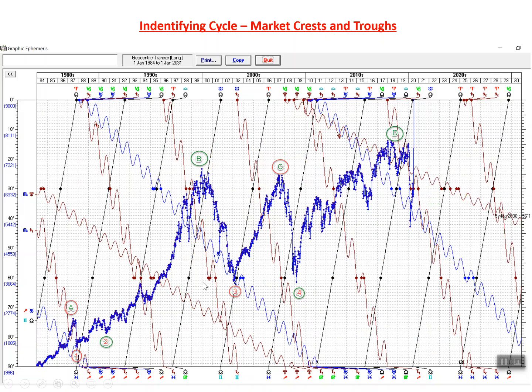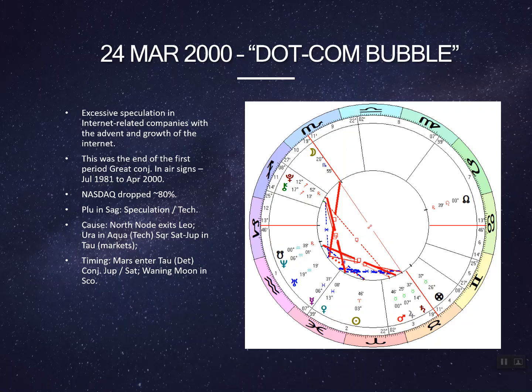Moving on to the next recession, the dot-com bubble of 2000. This was a period of excessive speculation in internet-related companies, with the advent and growth of the internet itself.